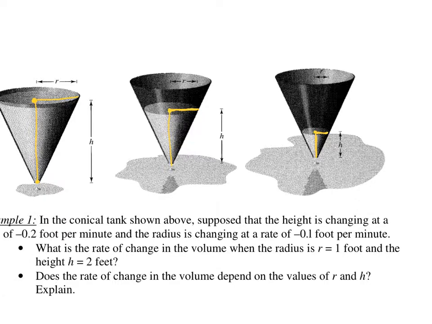It depends on your perspective, but yeah. Well, if the volume's going down, isn't R and H going down too? Okay, yeah. As the volume decreases, r decreases, h decreases. They're all decreasing together. To calculate the change in volume, it is going to be dependent, though, on R and H, like you guys are saying.